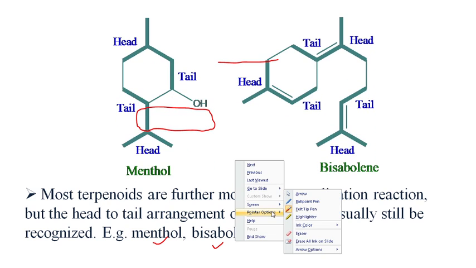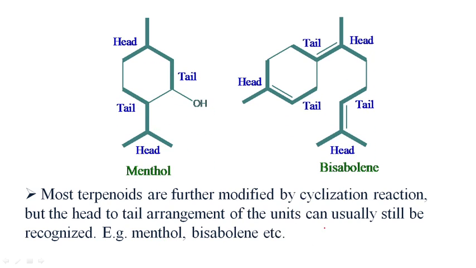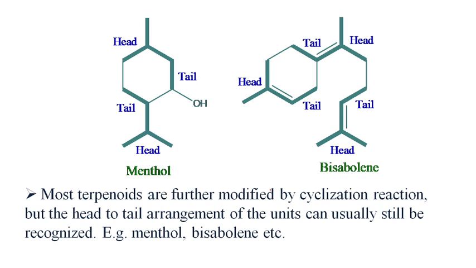Let's see here the head to tail attachment in menthol and bisabolene. In menthol, this branched segment is the head segment, whereas the unbranched segment is the tail segment of one isoprene unit.